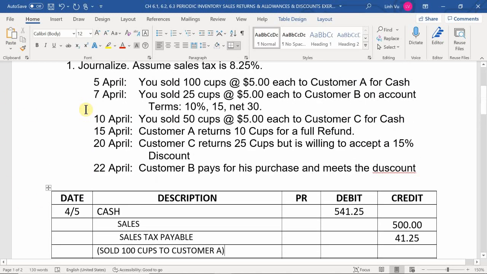Let's see what's next. Then on April 7th, you sold 25 cups at $5 each to customer B on account, which you gave him terms of 10% if he pays within 15 days. If not, the whole thing is due in 30.